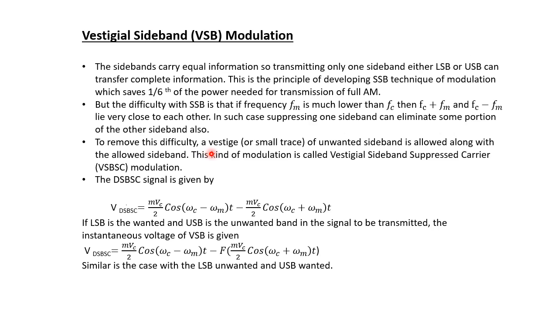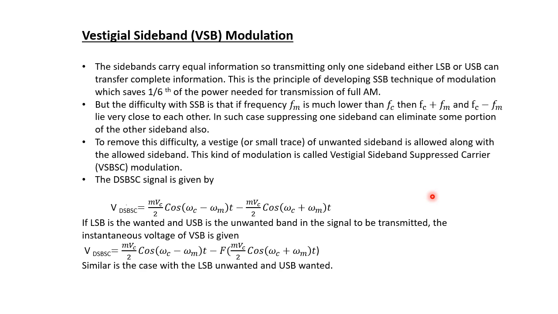So to remove this difficulty, a vestige, meaning a small trace of the sideband which we have to suppress, is allowed to remain in the amplitude modulated wave along with the allowed sideband.